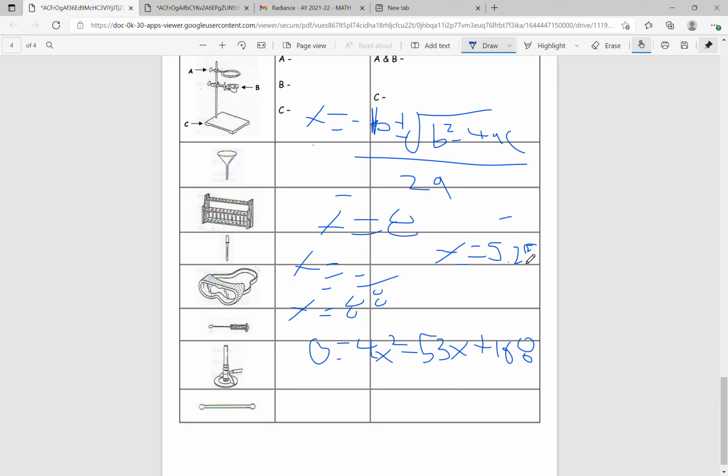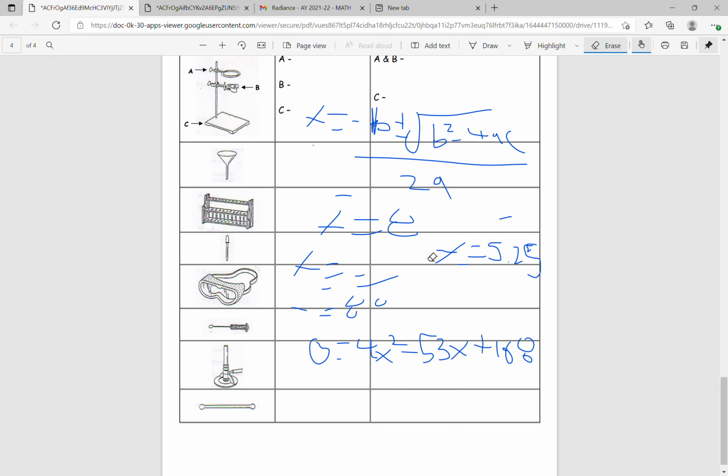So those are the two solutions for that example. We had to use the quadratic formula for that. I didn't show me using the quadratic formula; I just did the calculations in my head and with the calculator. And you get x equals 8 and x equals 5.25.